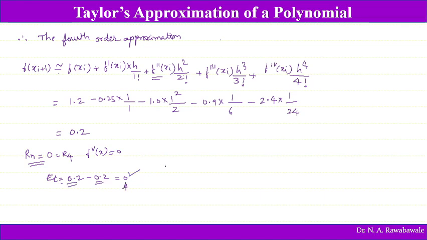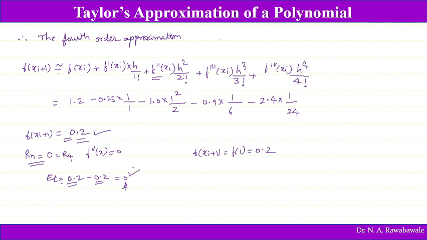So the Taylor series expansion to the fourth derivative yields an exact estimate of xi plus 1 equal to 1. If we substitute f of xi plus 1 as f of 1, the value of this is 0.2, and by approximation using Taylor series we get f of xi plus 1 as 0.2.